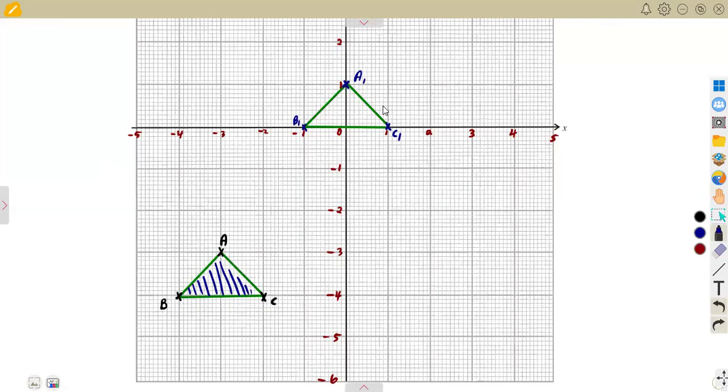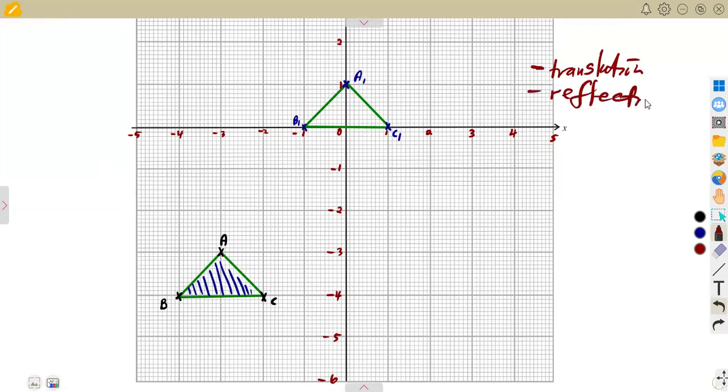My sight saves me there. These two triangles, guys, are exactly the same. They are congruent figures. So I say that if they are congruent figures, we are going to have these three transformations in mind: a translation, a rotation, and a reflection.